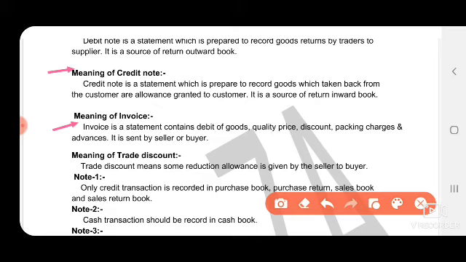The invoice bill contains the name of the customer, the rate, quantity, discount and other charges. Trade discount means some reduction allowance given by the seller to a buyer. So the reduction in price is called discount.